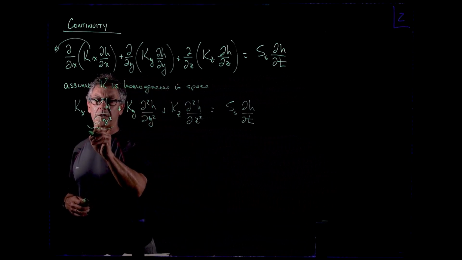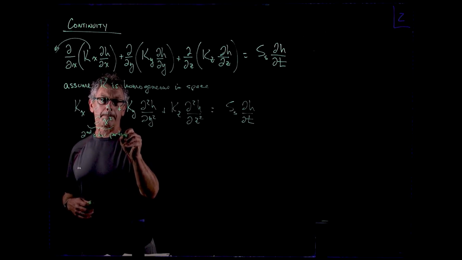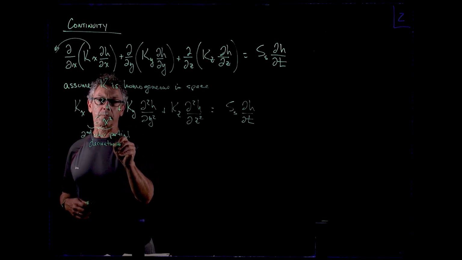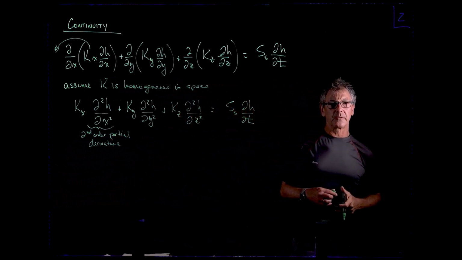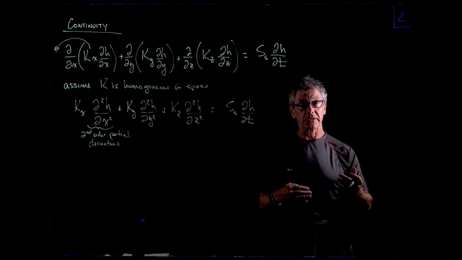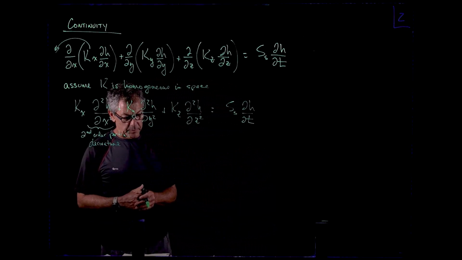We call these a second order partial derivative. Okay? So don't worry too much if you're not familiar with partial derivatives. It just means it's the rate of change of the rate of change. All right, so maybe that's a little bit better.